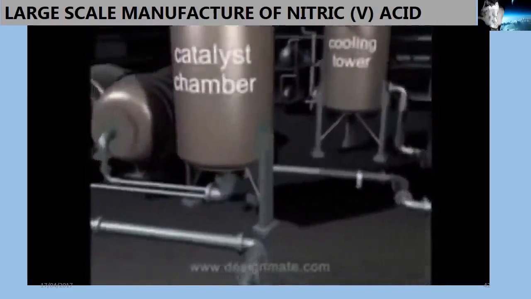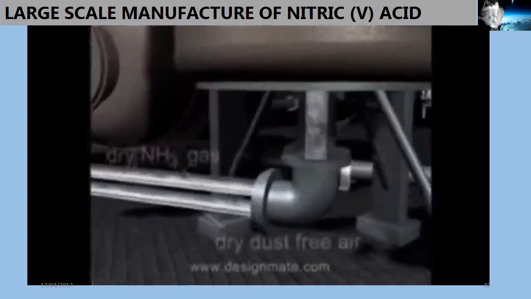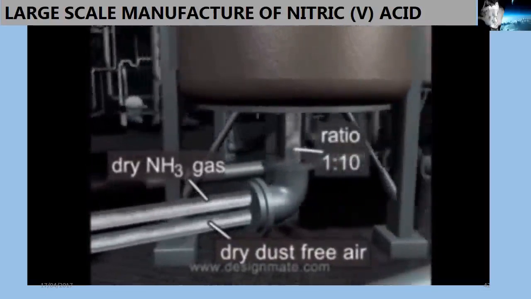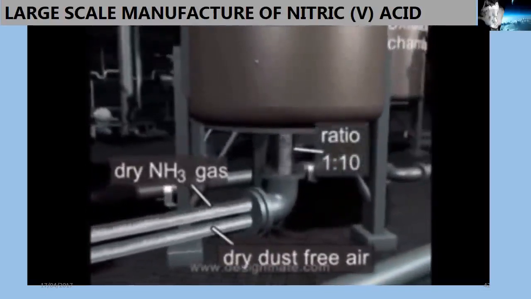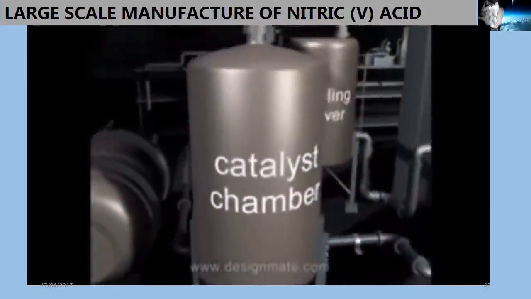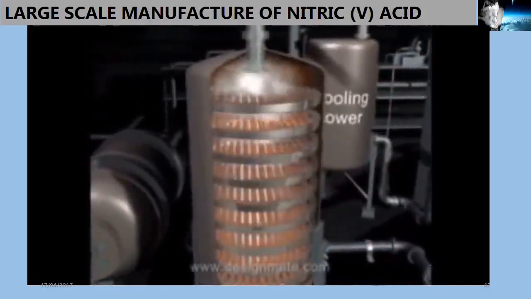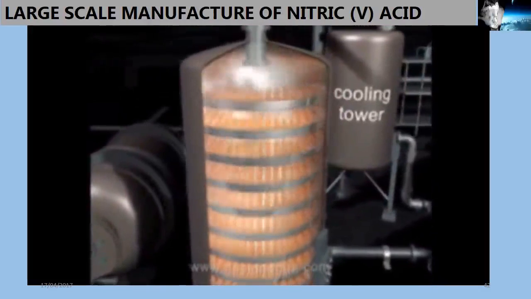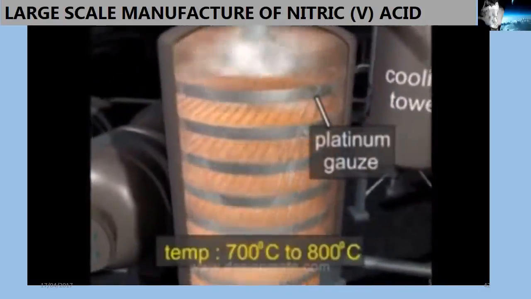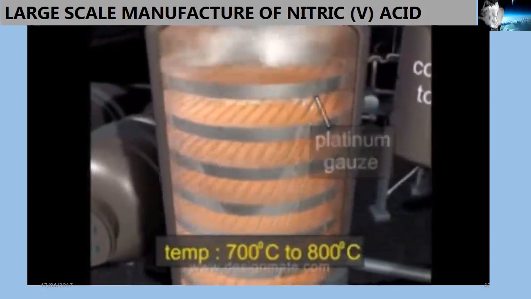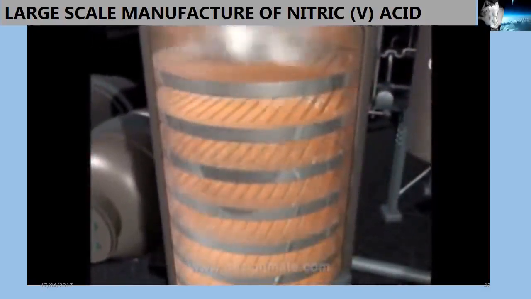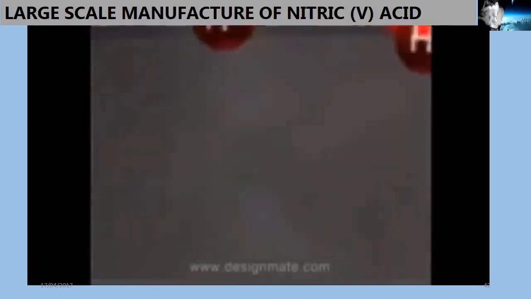A mixture of pure dry ammonia gas and dry dust-free air in the ratio of 1:10 is fed into the catalyst chamber. In the presence of platinum gauze at 700 degrees Celsius to 800 degrees Celsius, the ammonia is oxidized to nitric oxide.